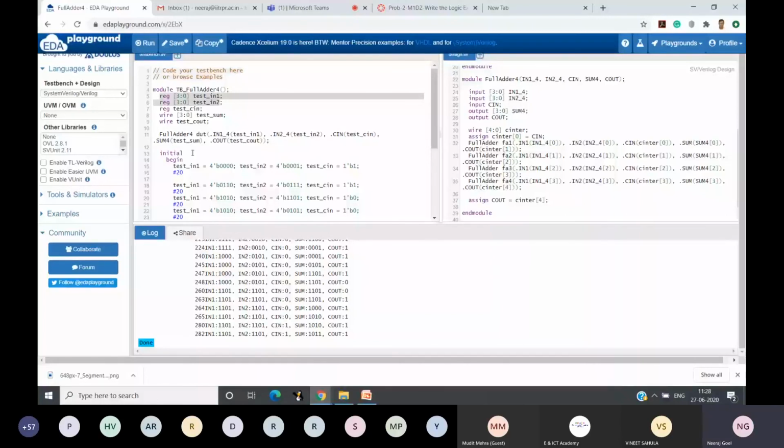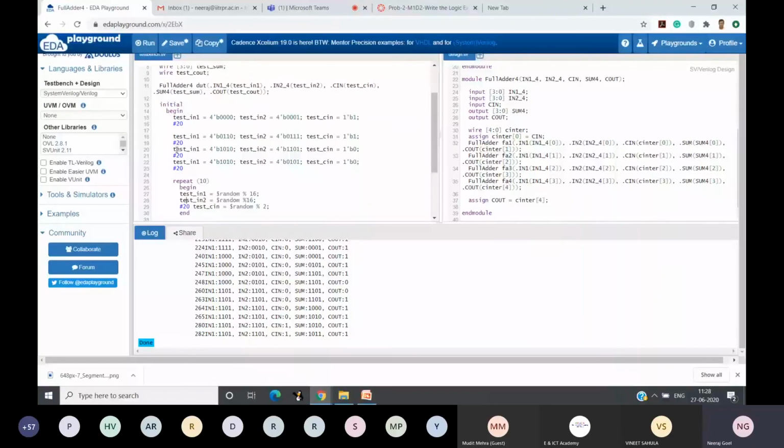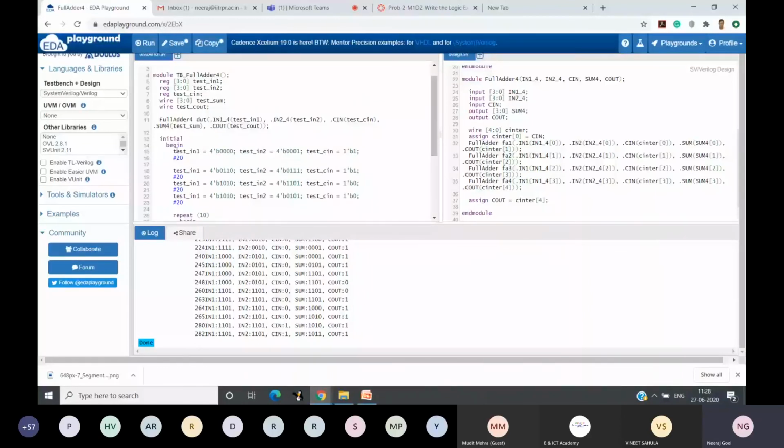And then as usual, we start with the initial block, and in the initial block we give various stimulus. Here my test input is a 4-bit input. I have to define that it is actually 4 bits, and then the number is described in a binary format.